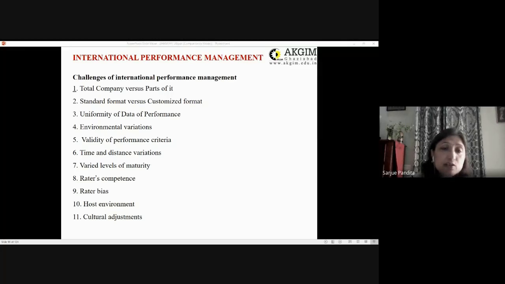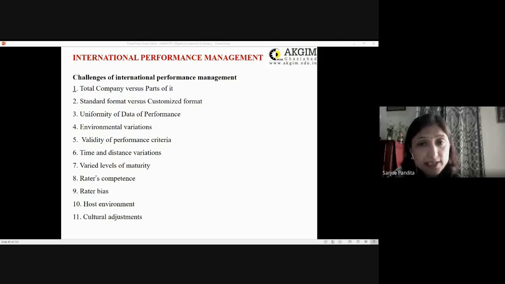Then, raters' competence. Now it depends on the rater who is appraising you, whether he is competent enough. Let us suppose I am working in India and I am supposed to evaluate performance of someone who is sitting in US. Am I competent enough to rate his or her performance? Am I experienced enough? Generally, rater executives are either in headquarters or in subsidiary.